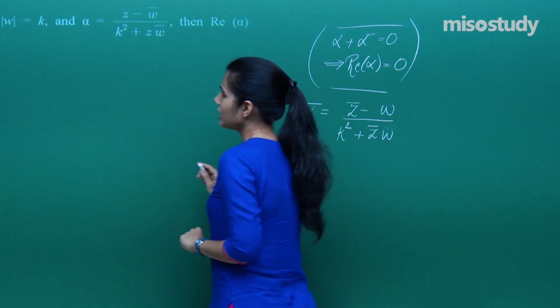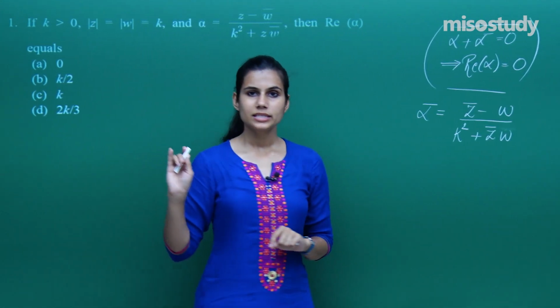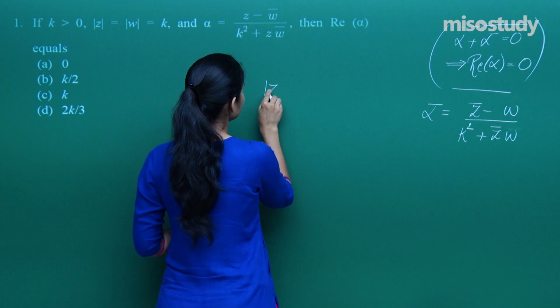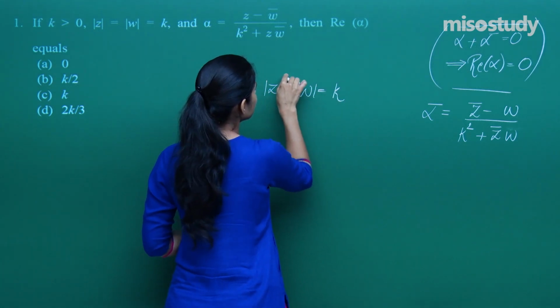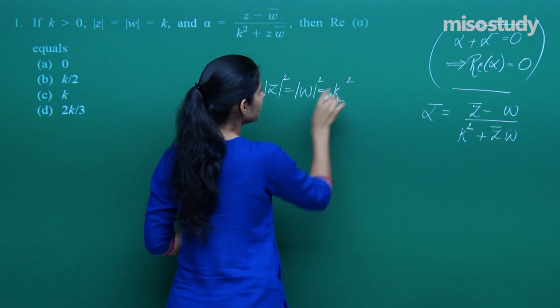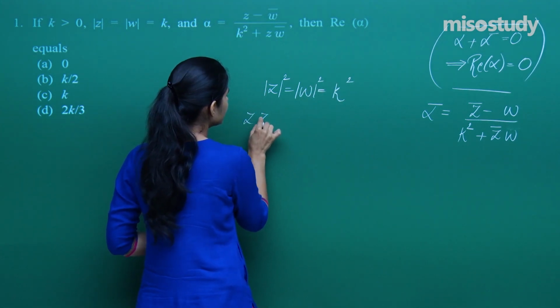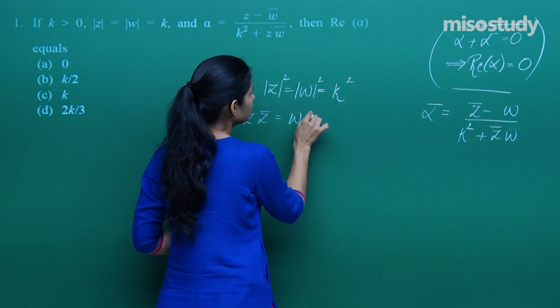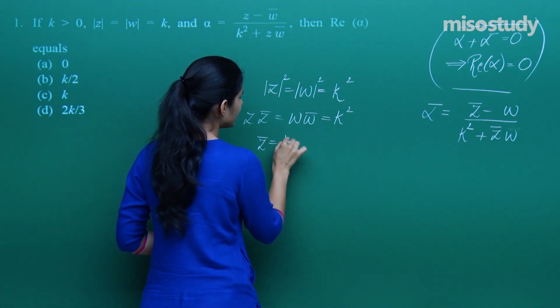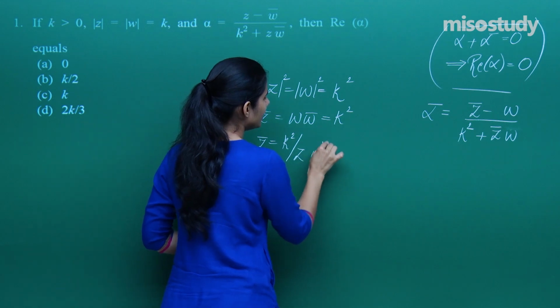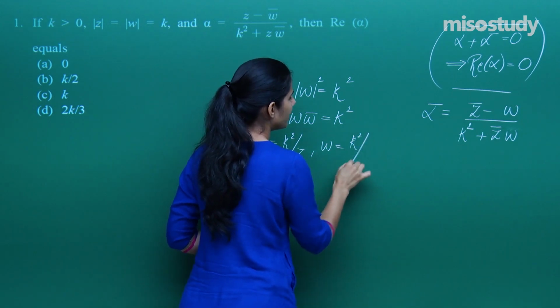Now it is given to you that mod Z equals mod W equals K. This means mod Z square equals mod W square equals K square. This is ZZ bar, this is WW bar equals K square. So Z bar is K square by Z and W is K square by W bar.